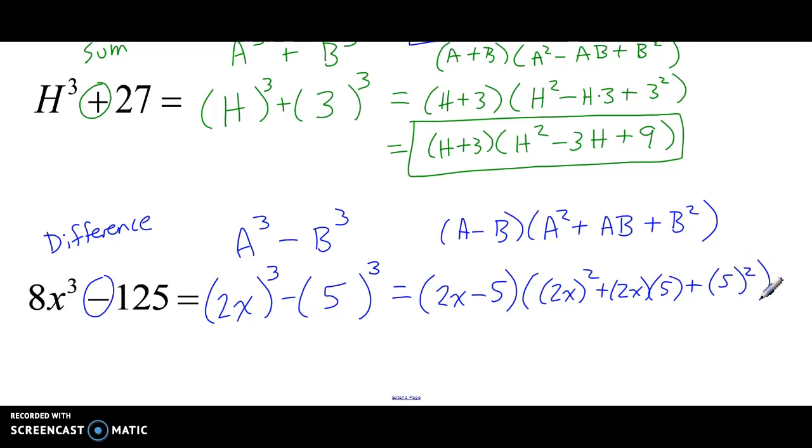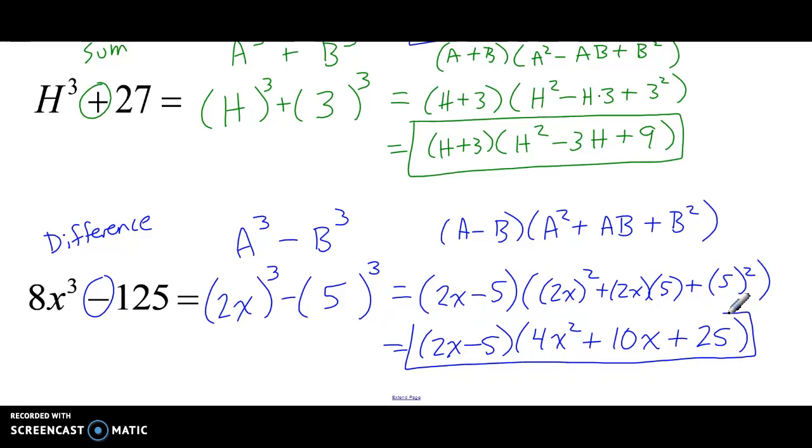There's just too much to keep track of, so much happening all at once that taking it one step at a time might be a lot easier. So here we would have 2x minus 5 times 4x squared plus 10x plus 25.